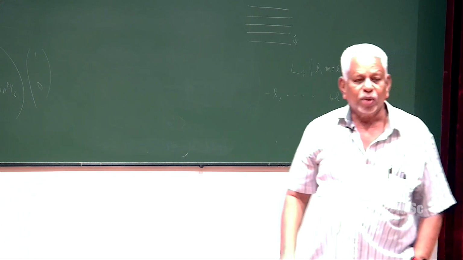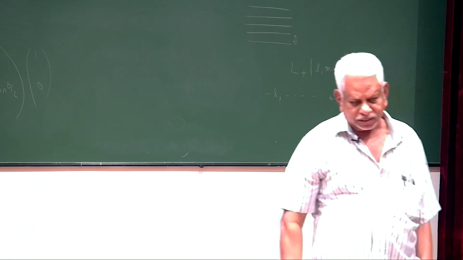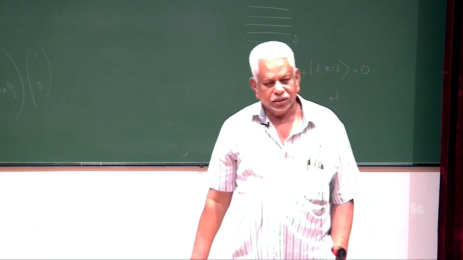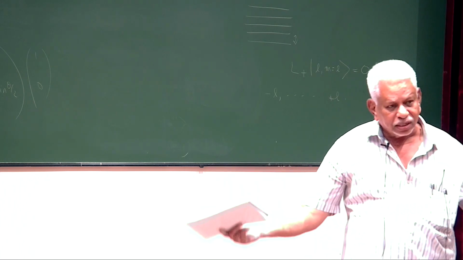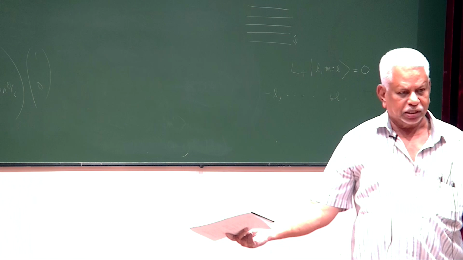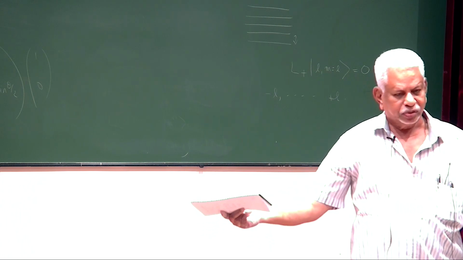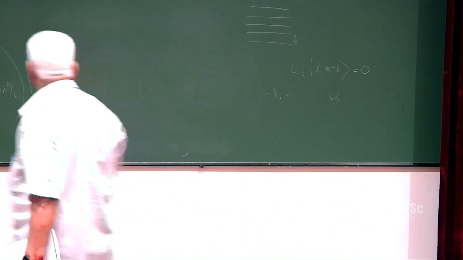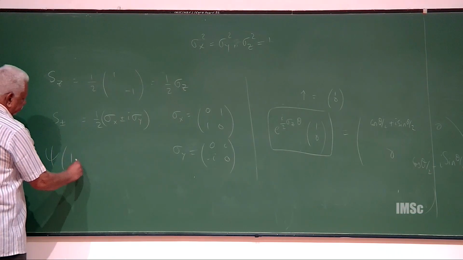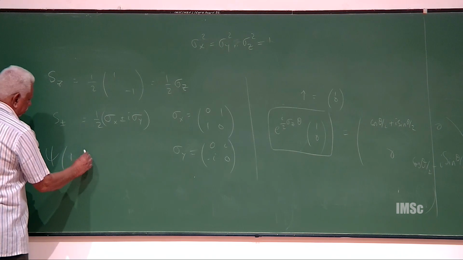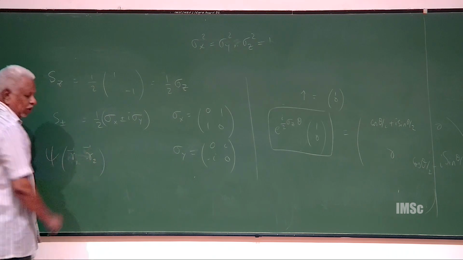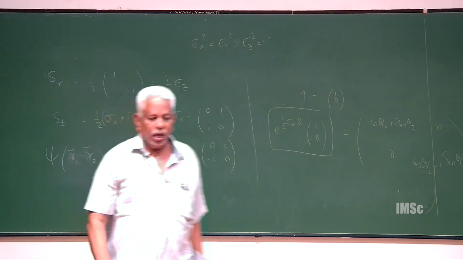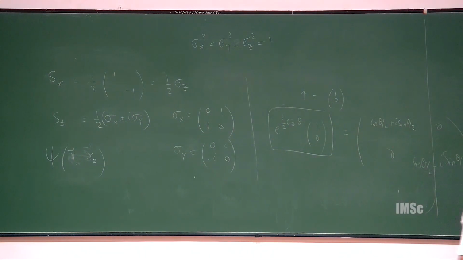You might be taught, in statistical mechanics classes somewhere, that this kind of electron behaves like fermions, which means if I take a wave function for two particles, we will write it as psi of r1, r2, for two particles, and the two particles are identical particles.